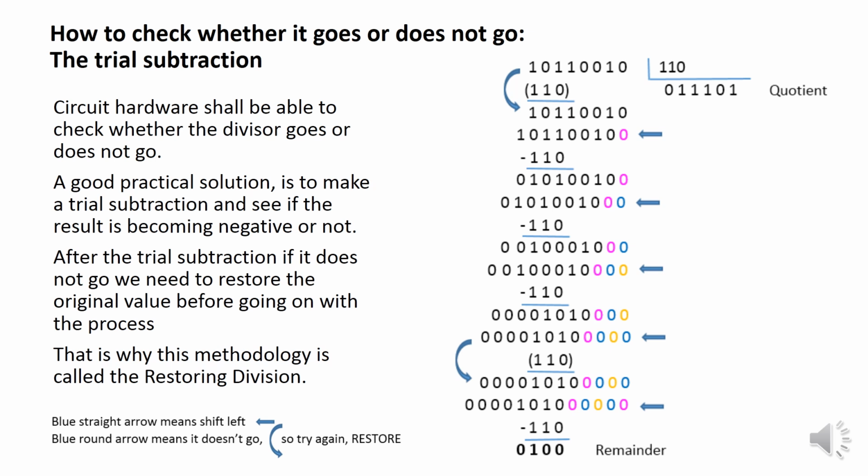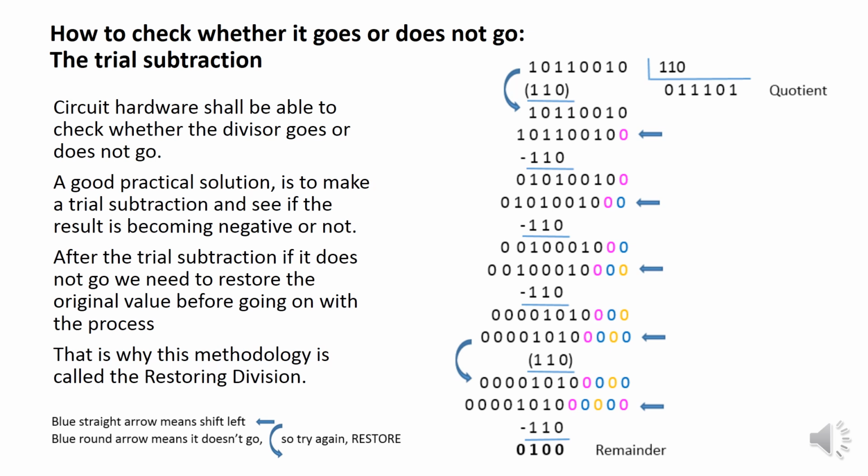How can we check whether it goes or does not go? The answer is, we can do it by making a trial subtraction. That means, let us do a subtraction and see if the result is becoming negative or not.